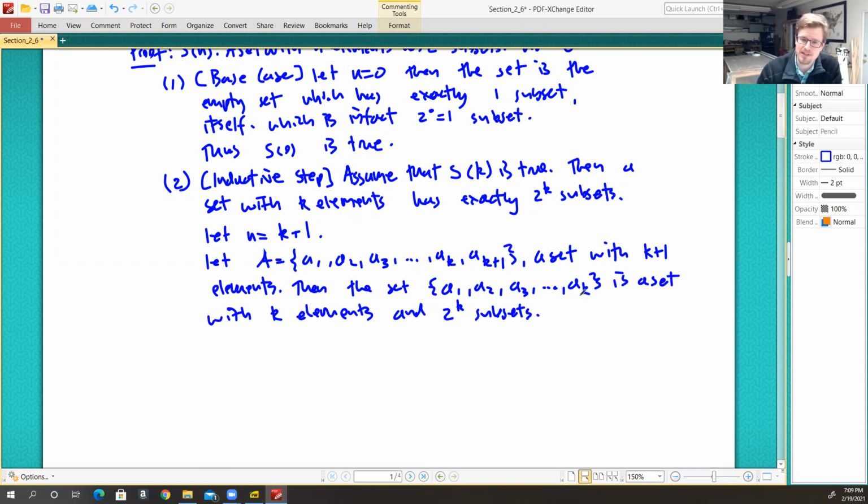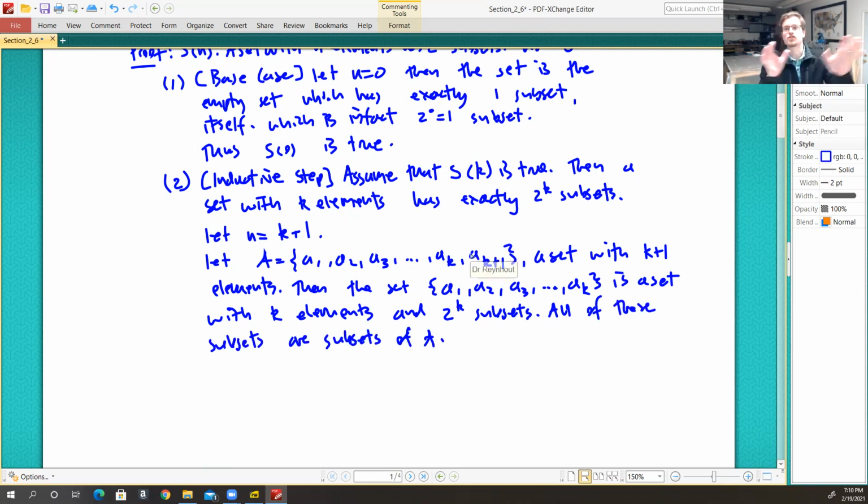Since there's k elements in it, there's 2 to the k subsets of it. All of these subsets are subsets of A, right? This thing is a subset of A, so all of the subsets of this are in fact subsets of A. But in particular, they're all of the subsets that don't contain this element. So all that we have to do is add in all of the subsets that do contain that element.